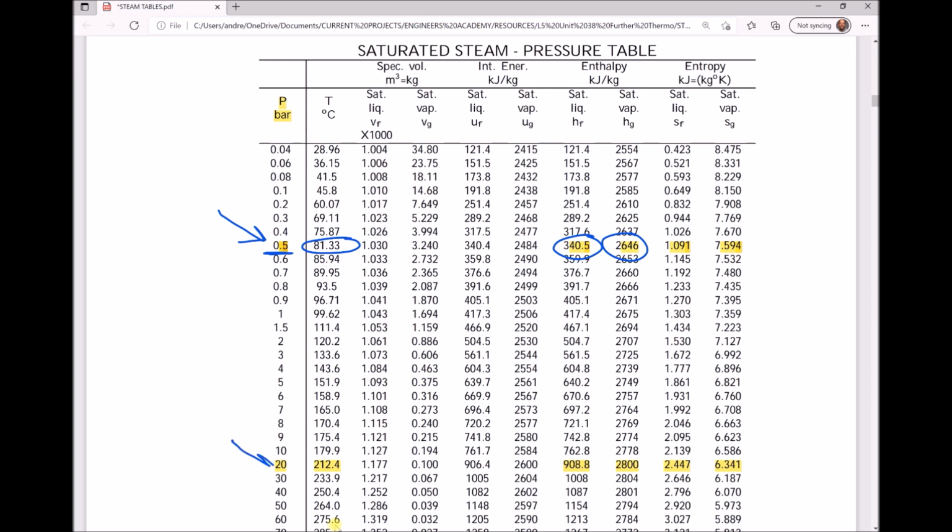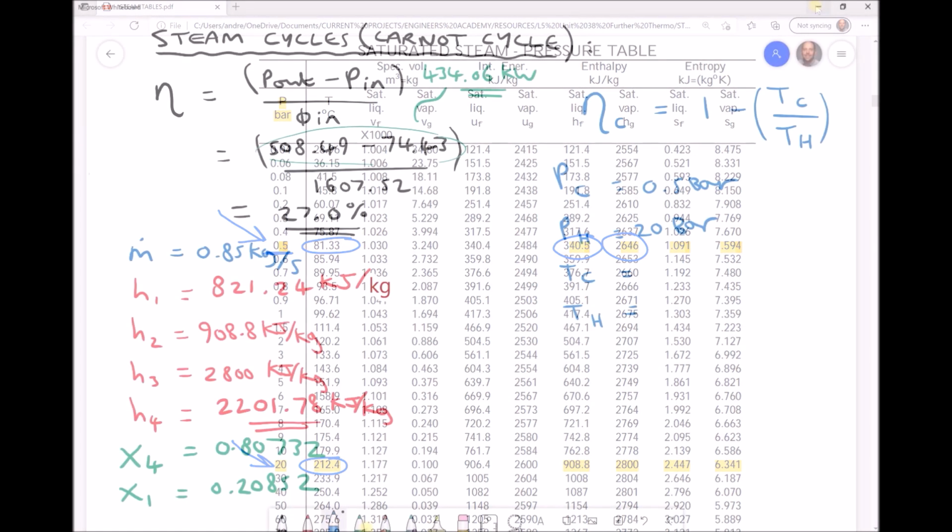At 20 bar, the temperature where the fluid changes state from wet vapour to dry vapour is 212.4 degrees C. Now once again, we're going to convert each of those values and check our efficiency calculation.